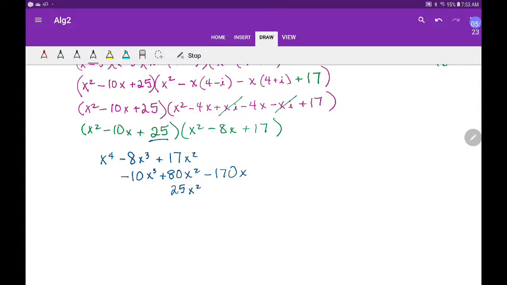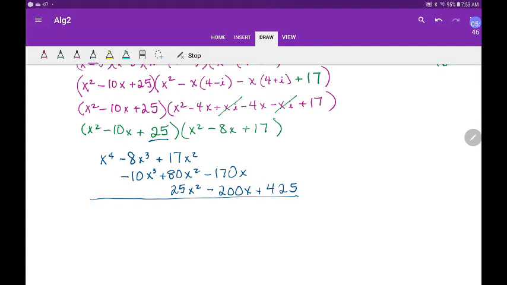And 25 times negative 8 quarters is $2, right? 200 times x. 25 times 17, whew, that's a little much for me, reaching for my calculator. And it's 425, positive 425. I guess I should have known that.